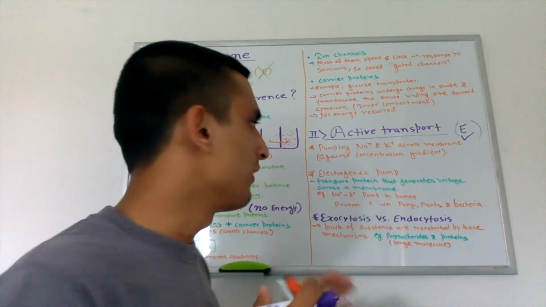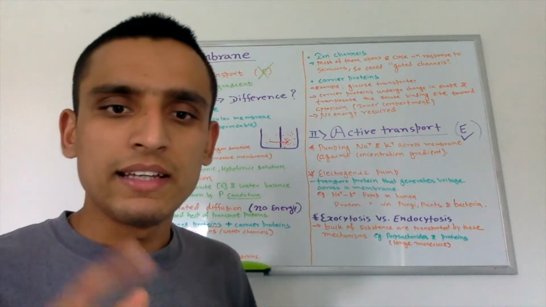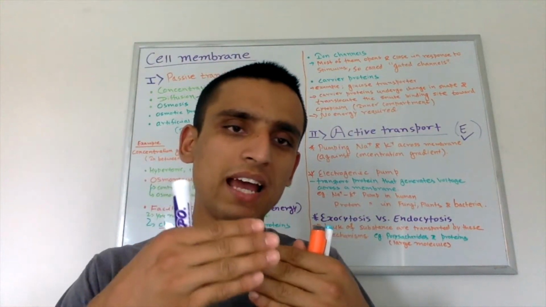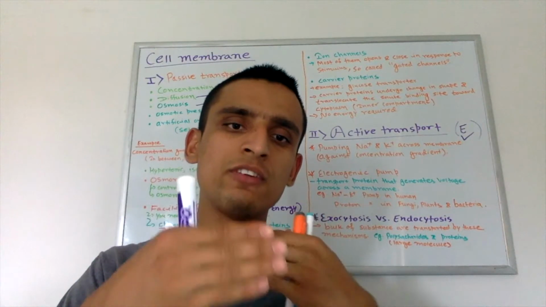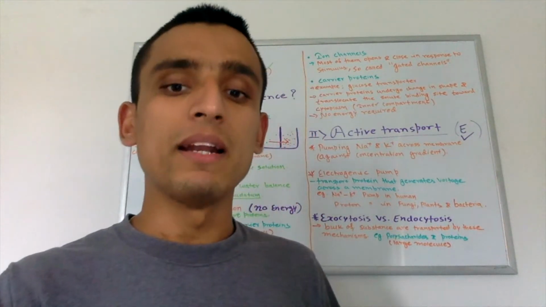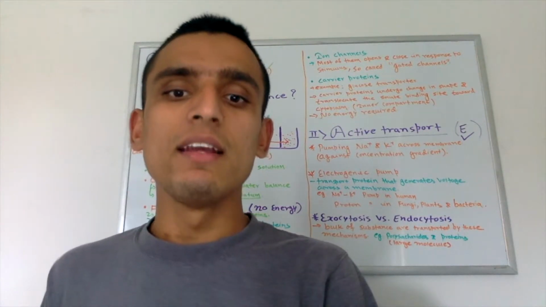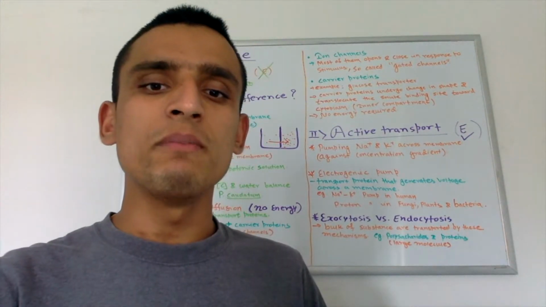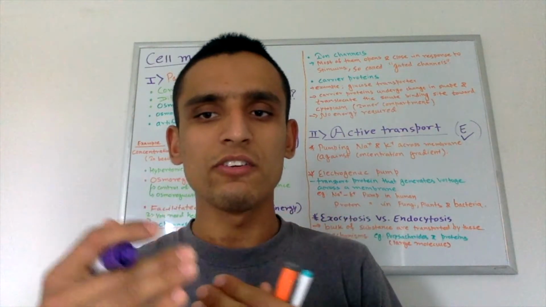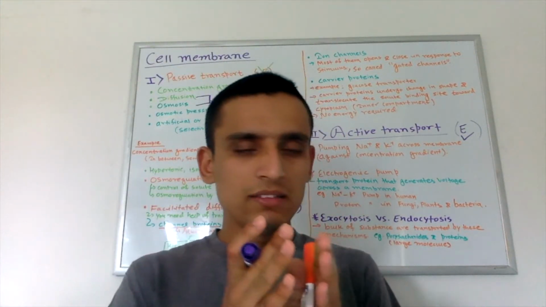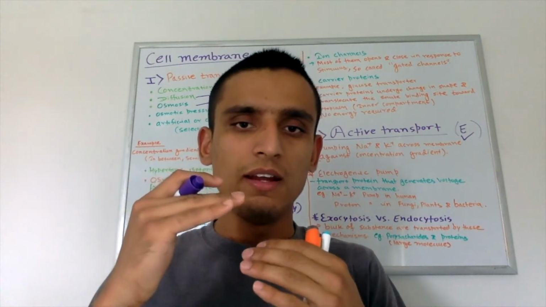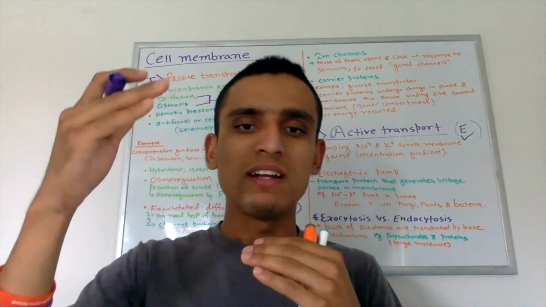And remember that in the case of the cell membrane, sometimes there is a voltage difference. What I mean by that is there are electrical charges across the membrane. In most membranes, the inside is more negative and the outside is positive.